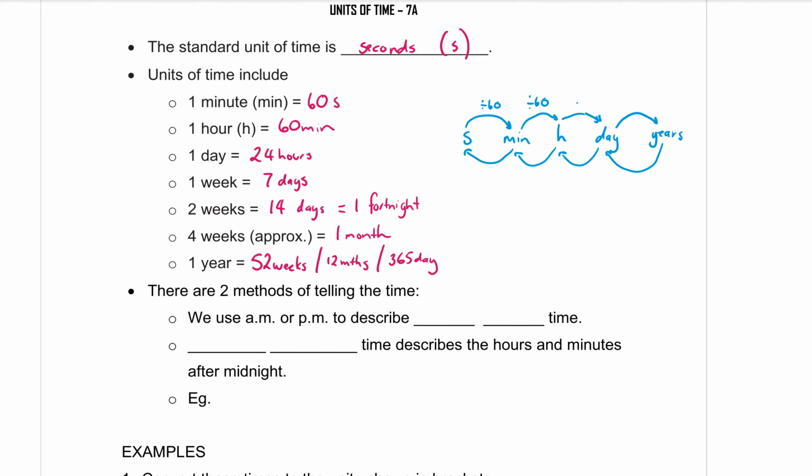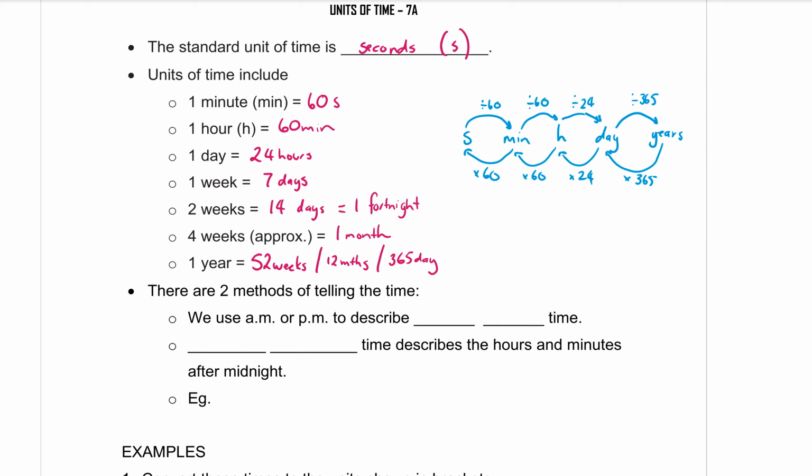There's 24 hours in a day, so divide by 24, and there's 365 days in a year. And going the other direction, you would be timesing. Timesing by 24, timesing by 60, and timesing by 60 again. Okay, so that diagram will be useful for helping you to convert units of time.